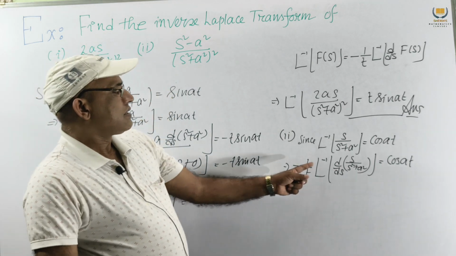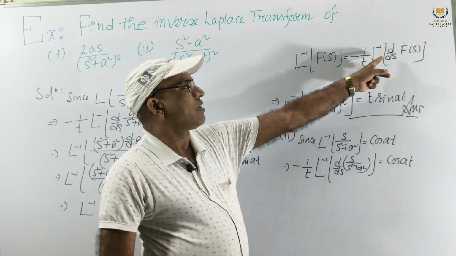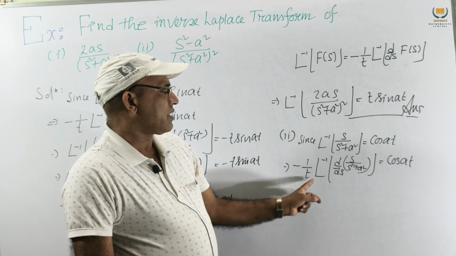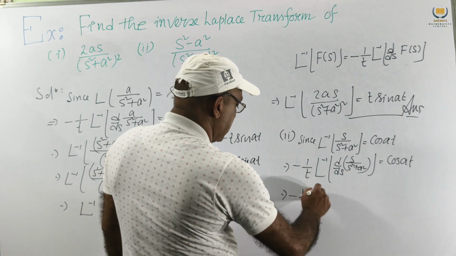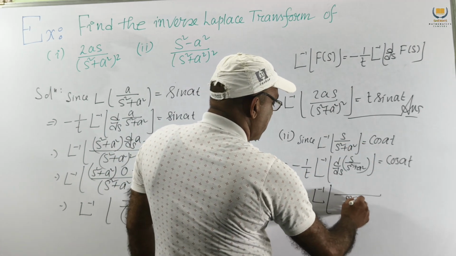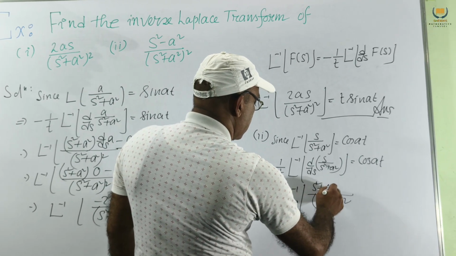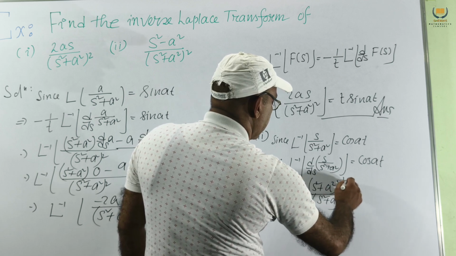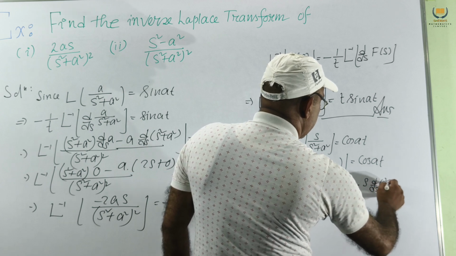Just as L inverse of F(s) equals minus 1 by t L inverse of d/ds of F(s), if we multiply by minus 1 by t, L inverse of d/ds of this remains the same. This is the division formula: denominator times d/ds of numerator minus numerator times d/ds of denominator, over denominator squared.